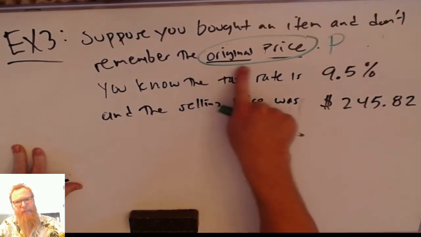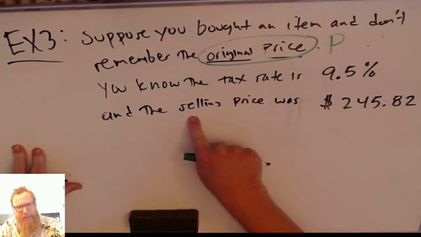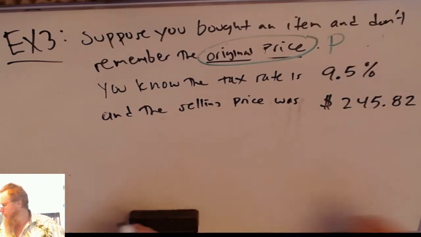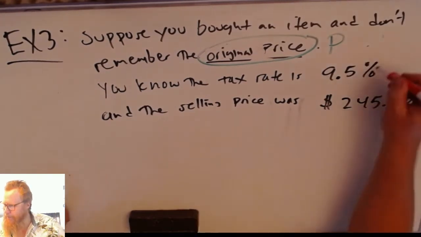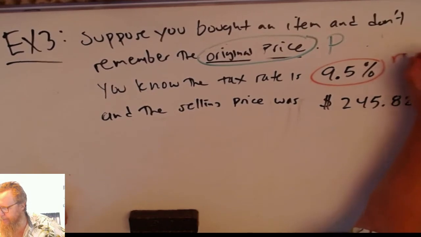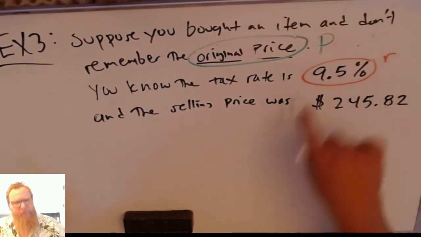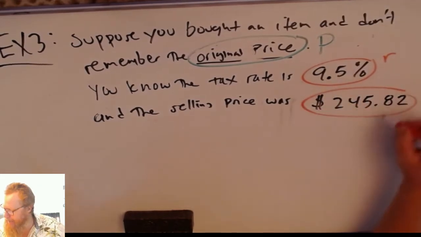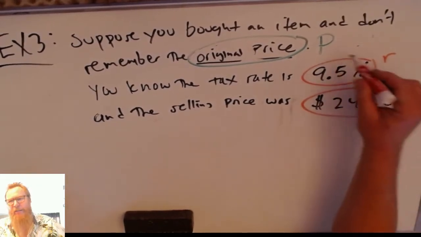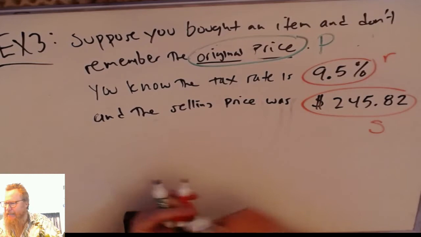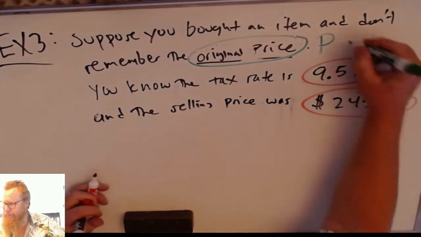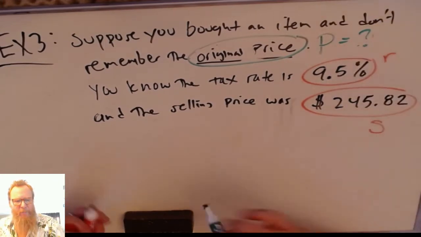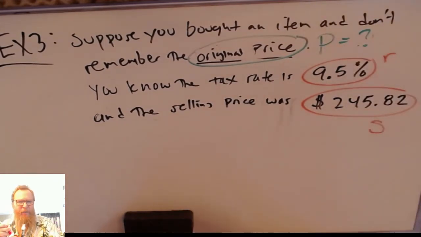You know the tax rate, there's your R. Now you are going to have to rewrite that. And you know your S. So S is known, R is known, but P is the unknown. The question mark just reminds me that P is what I'm looking for.